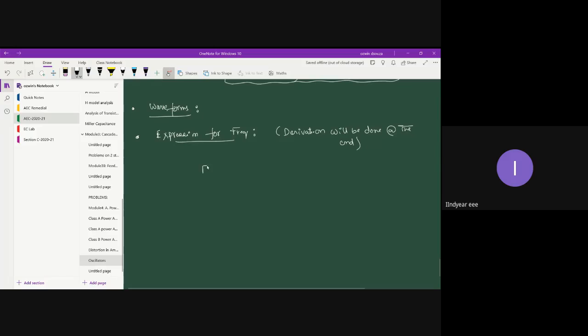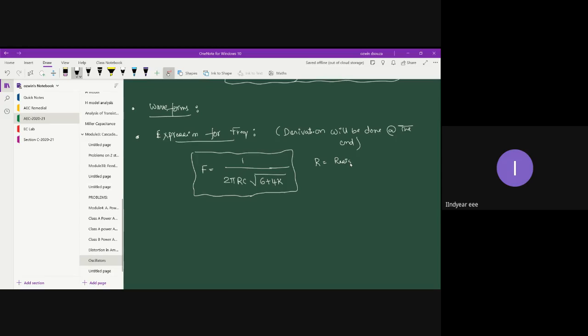You would get the frequency of oscillation f equal to 1 divided by 2 pi RC under root 6 plus 4k.